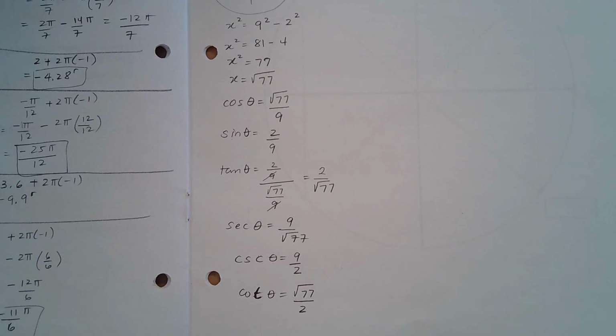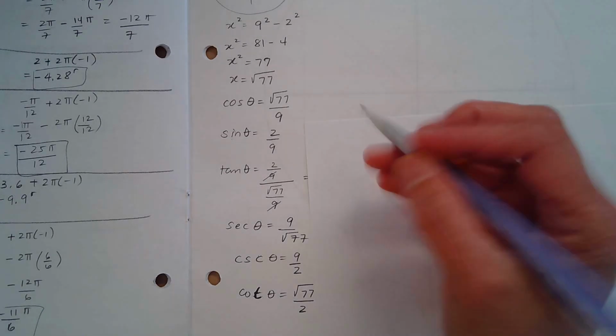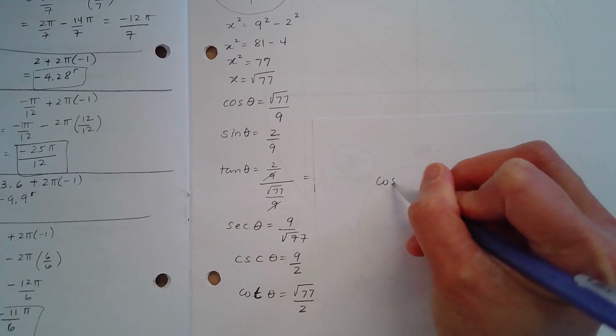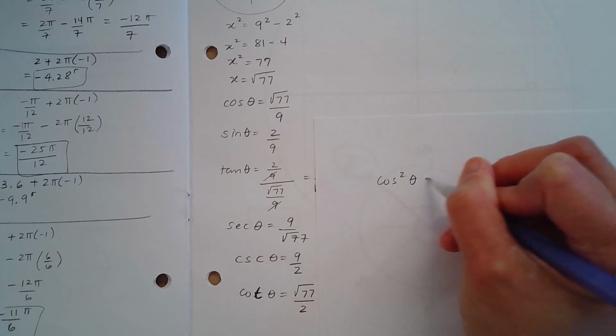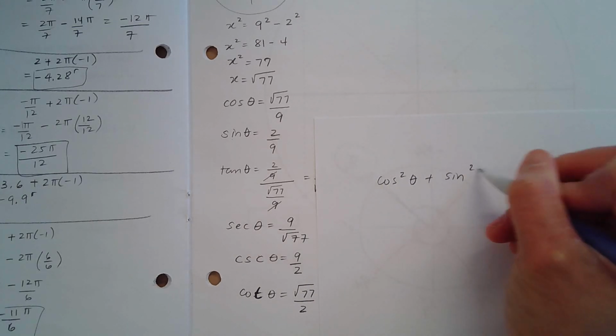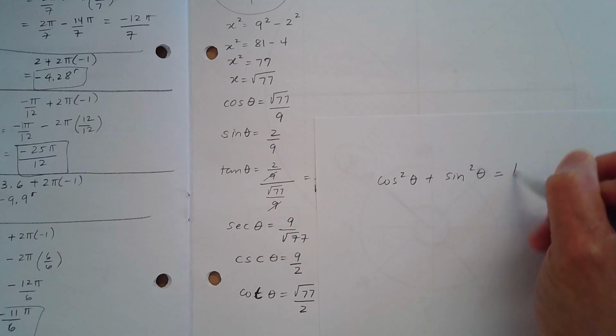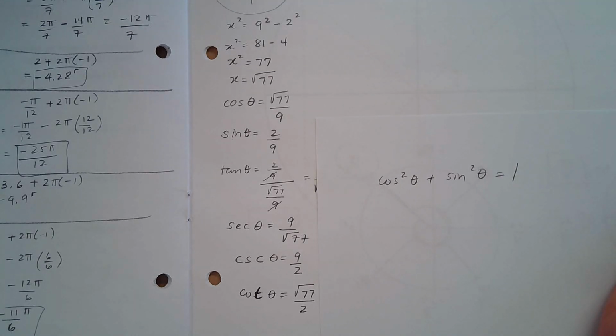So cos squared plus sine squared equals to 1. Yes. Yeah, we'll get to that one in our trick.